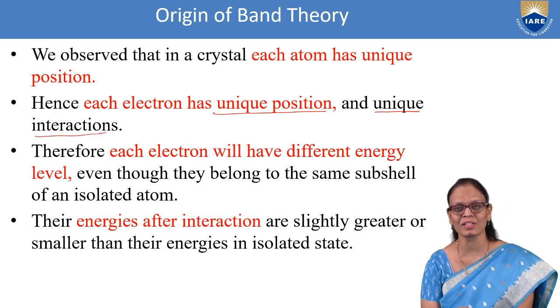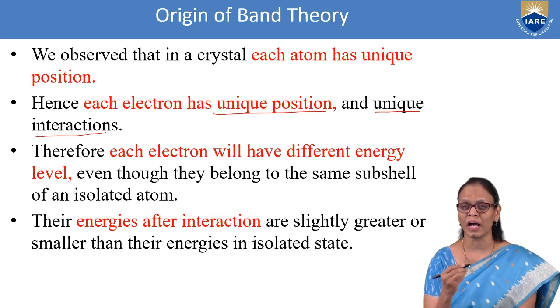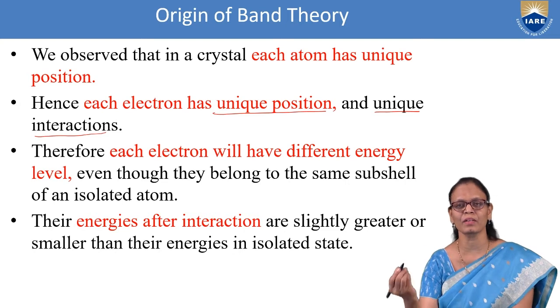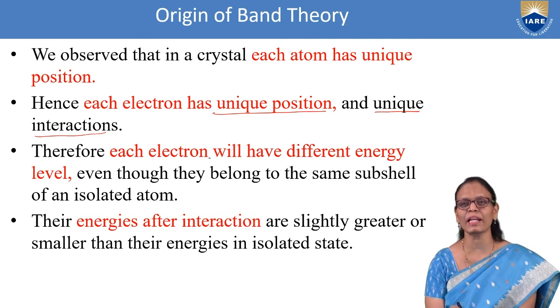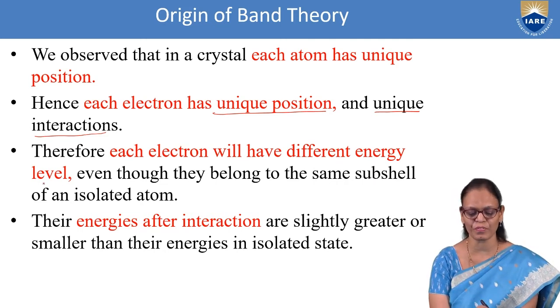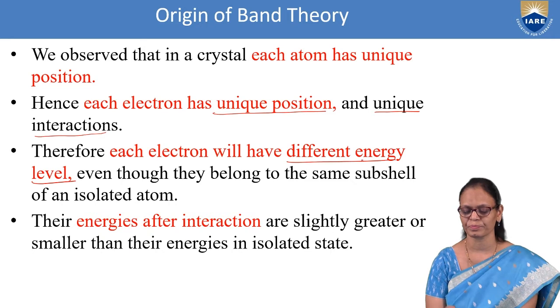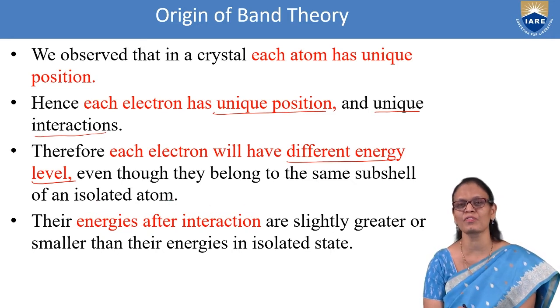The interactions of the atoms and the electrons are unique, because if one electron is interacting with another electron of the second atom, it may be different for another atom. Therefore each electron will have a different energy level, even though they belong to the same subshell of an isolated atom. So this is the main point we have to understand.